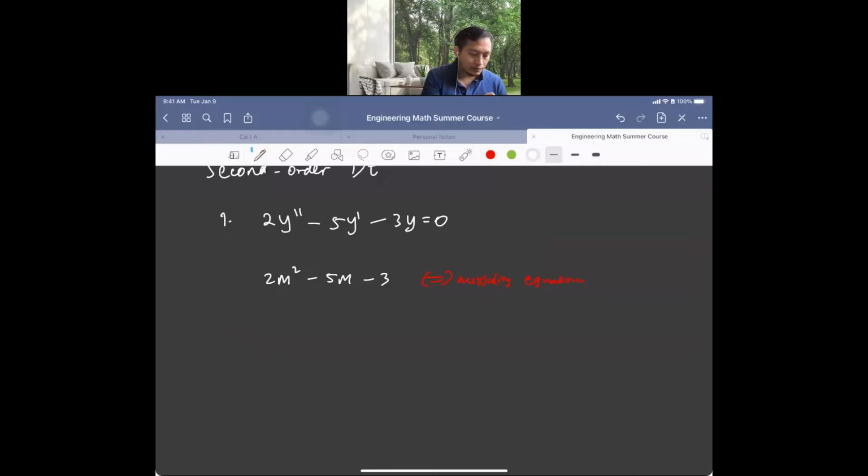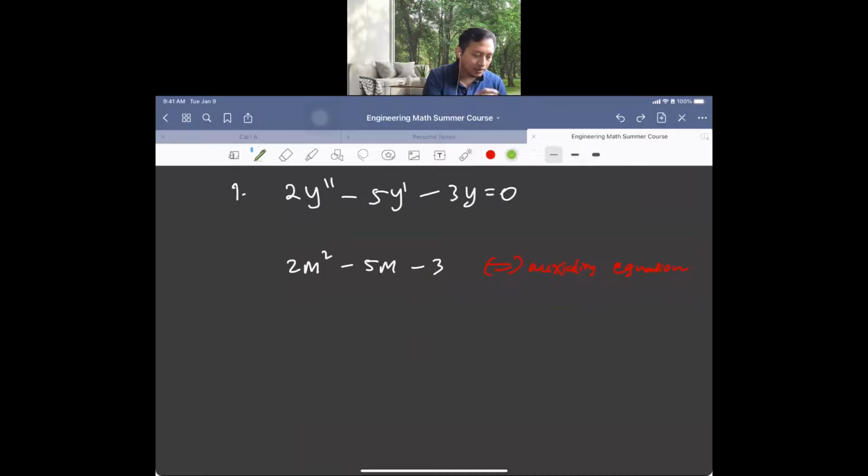And then we can get our factors, our roots, from our quadratic. By the way, if you still have trouble finding the roots, let me give you quick tips to find roots easily. Usually you have, let's say, x squared plus so on, with just one constant in front of the x squared.